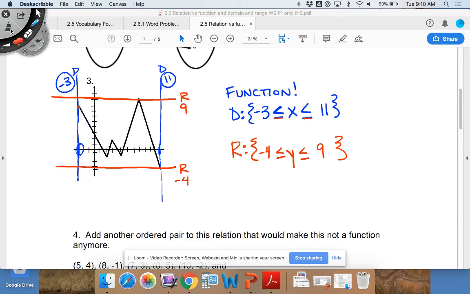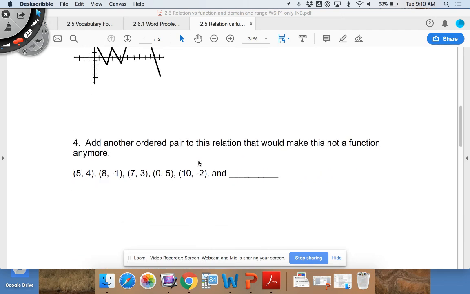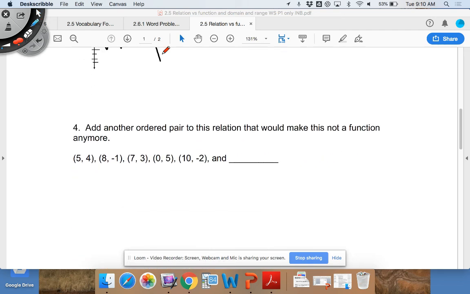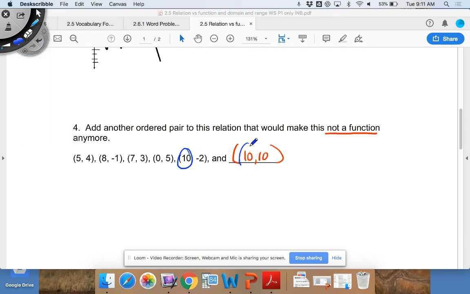Last thing we're going to talk about today is number 4. It says, add another ordered pair to this relation that would make this not a function anymore. 10, 10? If we had the ordered pair 10, 10, that would make it not a function. Why? Because those x values repeat.